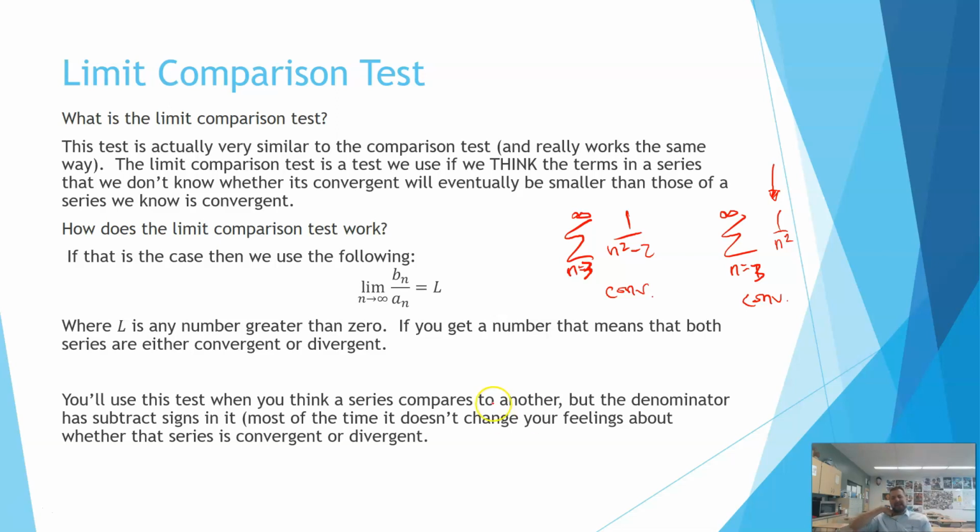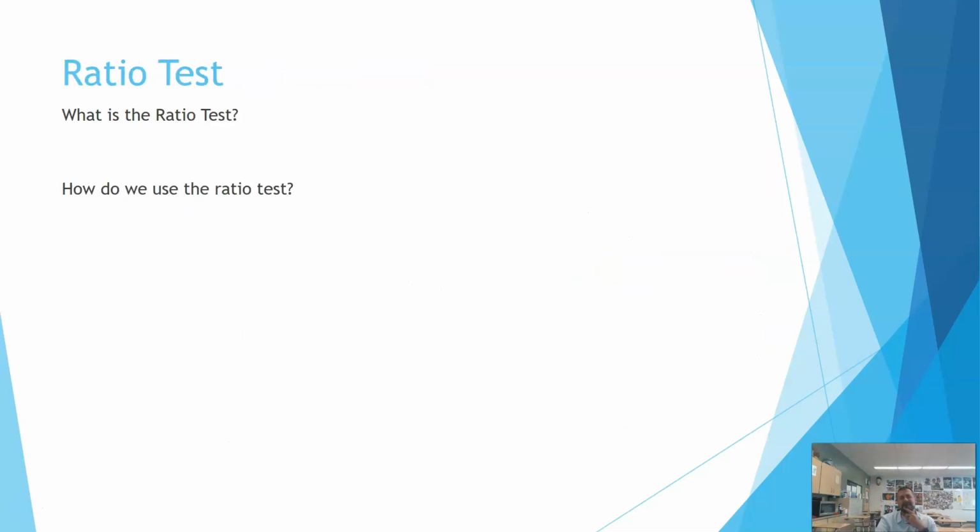In this case, I would get 1 if I was to make that limit. That means that since 1 over n squared is convergent, I would know that 1 over n squared minus 2 is also convergent. Honestly, in most of these problems, you can just look at the problem right away and tell whether it's convergent or divergent, but that's what the limit comparison test is.